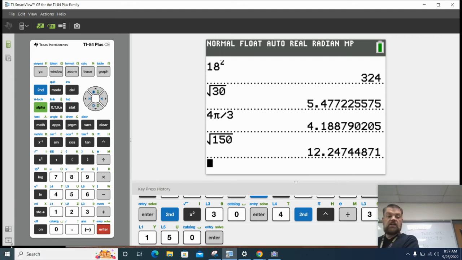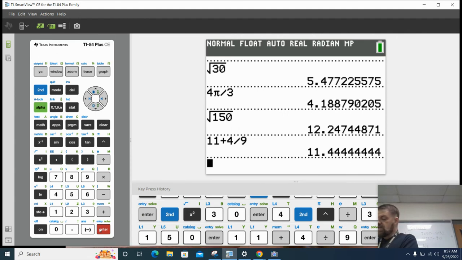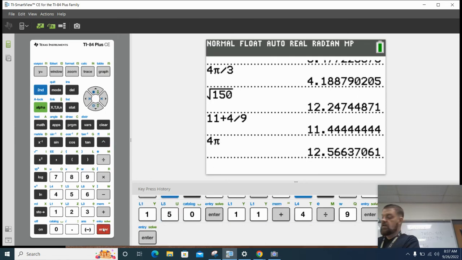The next one is 11 and 4/9. So I'm going to say 11 plus 4 divided by 9. And so that is approximately 11.4 repeating. And then 4 times pi, that's going to be 12 something. That's going to be 12.57.